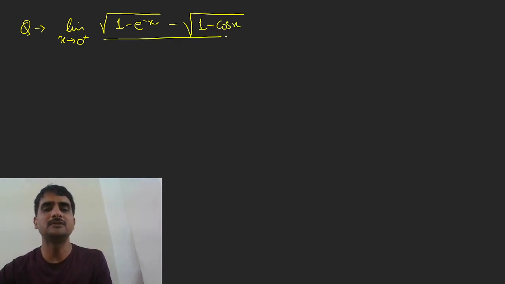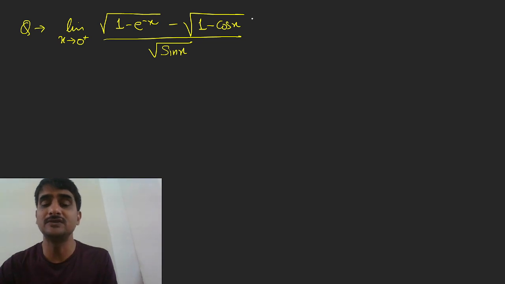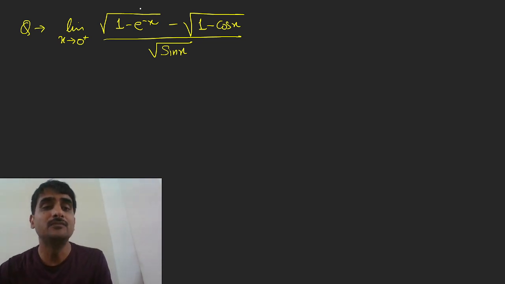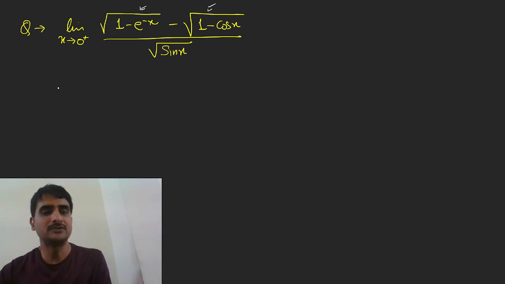So what I tried as the very first step was rationalization of the numerator, but that didn't help because both the terms separately are approaching zero. If you take its conjugate, that's also going to zero. So that one didn't help, according to me. You may try it that way also, but I didn't proceed.